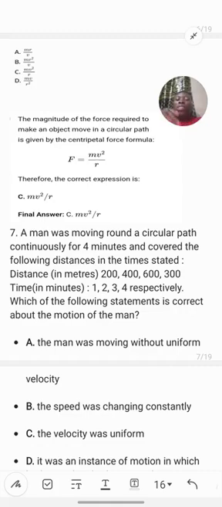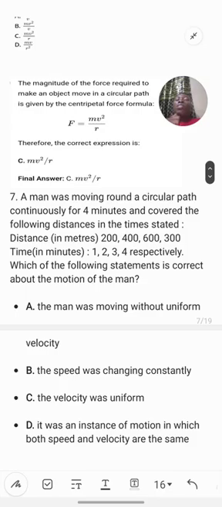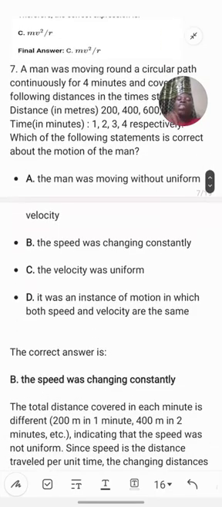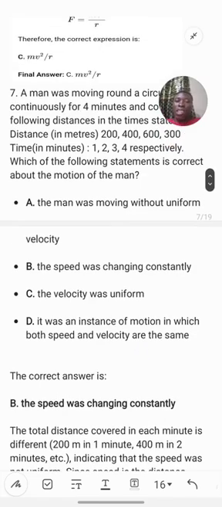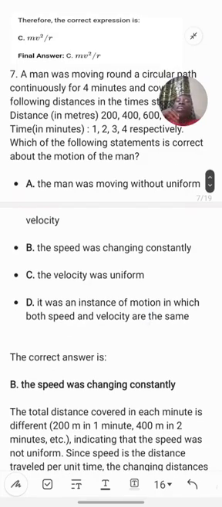So 200 meters in 1 minute, 400 in 2 minutes, 600 in 3 minutes, then another 300 in 4 minutes. Which of the following statements is correct about the motion of the man? Now, the interesting thing is the speed was changing constantly. When we talk about this kind of question, we need to consider the total distance covered in each minute.